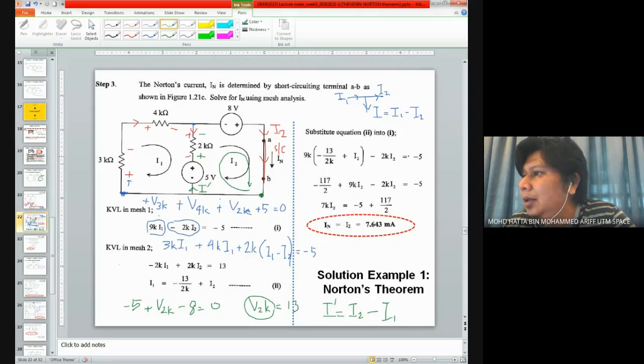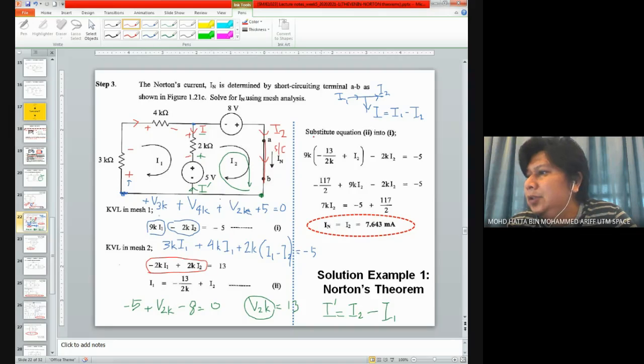Here I have I pointing downwards, and I prime is the opposite direction of I. So just flip this equation, you're going to have negative, I2 minus I1. So that's why here we have negative 2 kilo I1 plus 2 kilo I2 equals to 13.